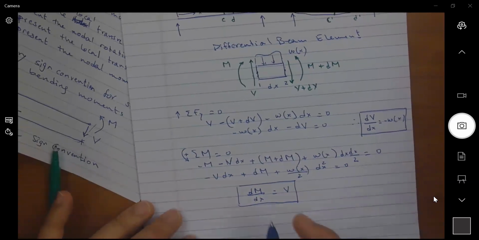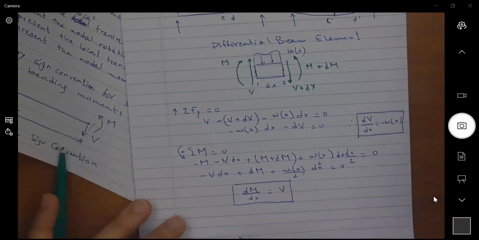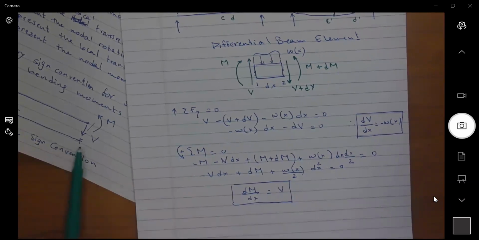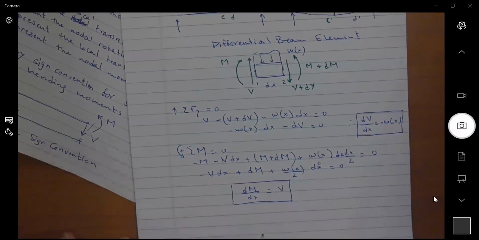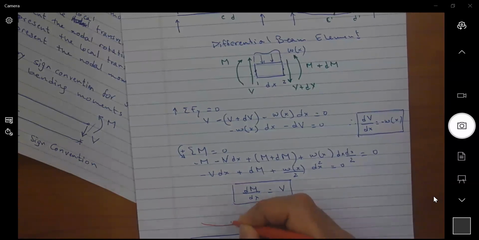I also want to remind you that when we looked at the curvature of the beam, if this is the x-axis, when the beam deforms, we get this curved elastic curve, and this curvature has a radius rho.